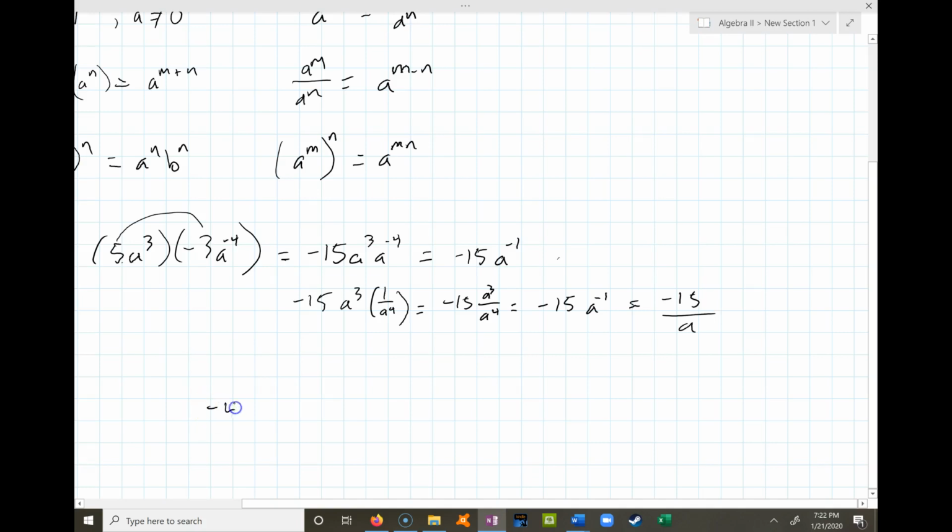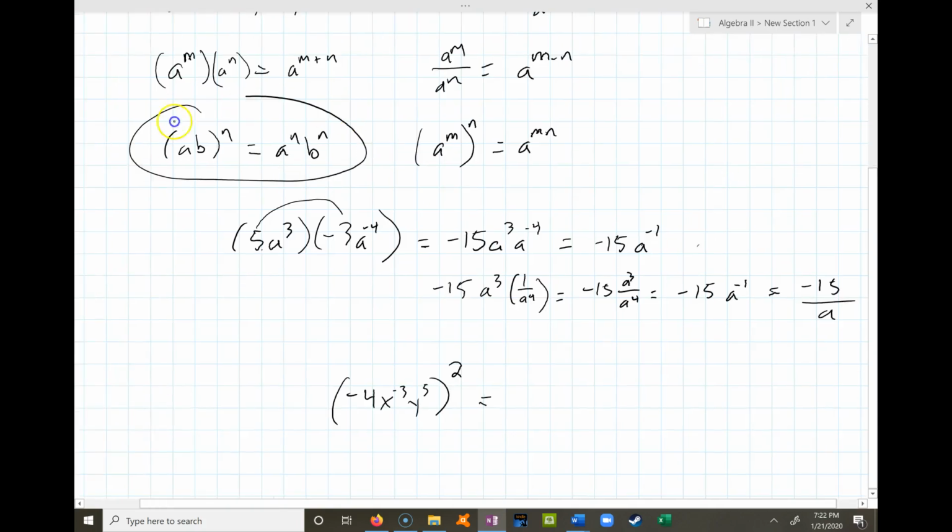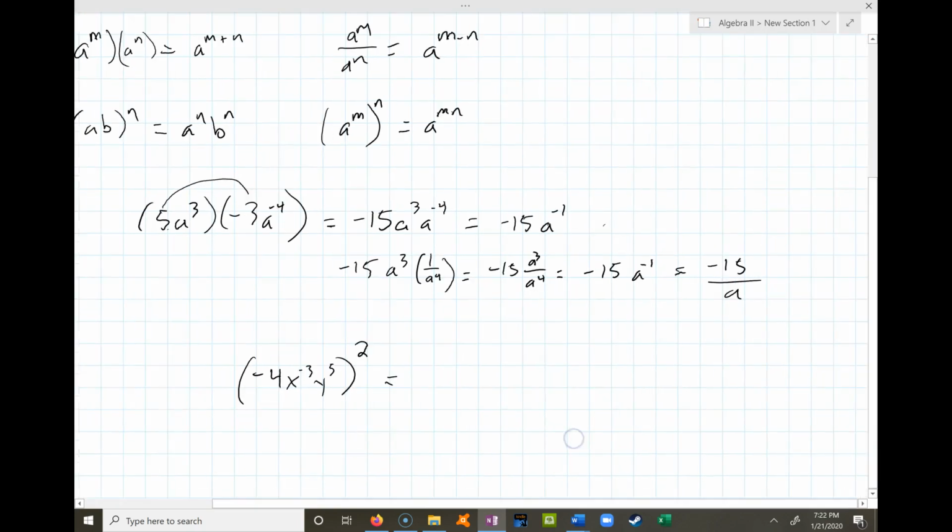What if we have negative 4 x to the negative 3 and y to the 5th, all raised to the 2nd power. Okay, so here's one. We can use this rule up here. When you have an exponent on the outside, you can apply it to everything inside the parentheses.